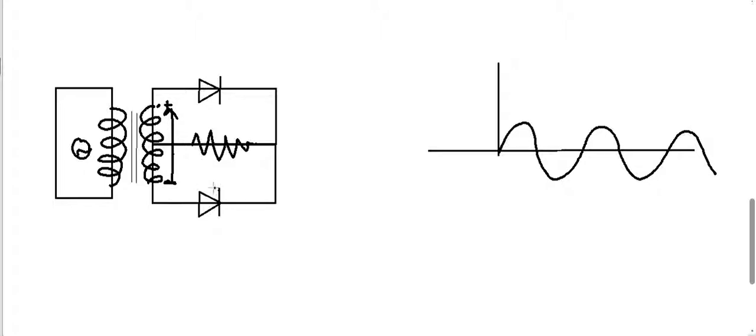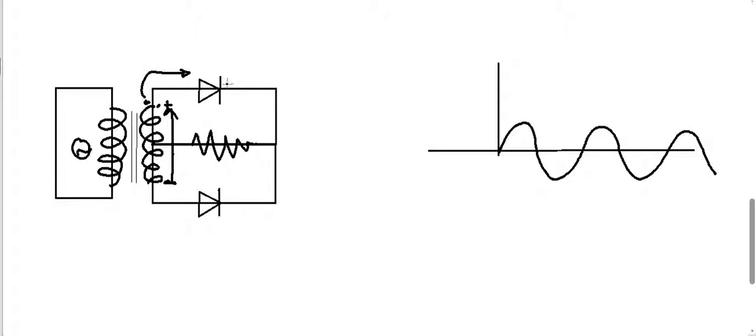Consider this diode, connected here and here. Now the potential is increasing in this direction, which means the higher or positive potential is connected to the positive side, and the lower or negative potential is connected to the negative side.